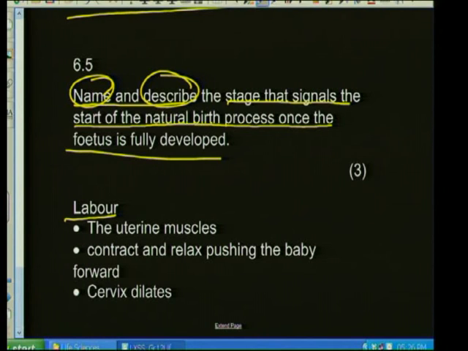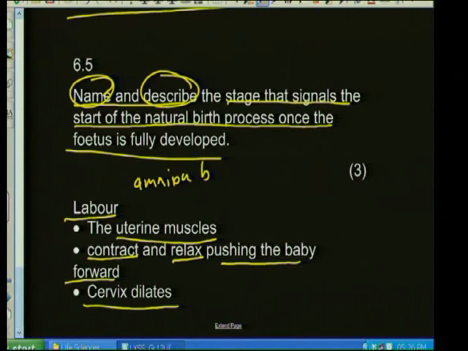And what happens during labor? The uterine muscles will contract and relax. And this pushes the baby forward. Also, the cervix dilates during this time. Some people will talk about also that the amnion breaks, and we talk of the breaking of the waters.